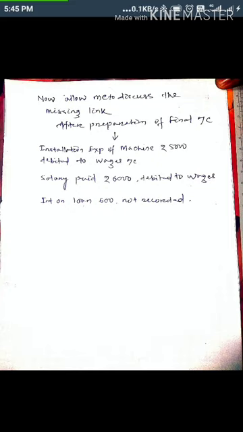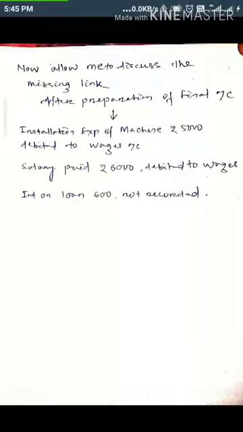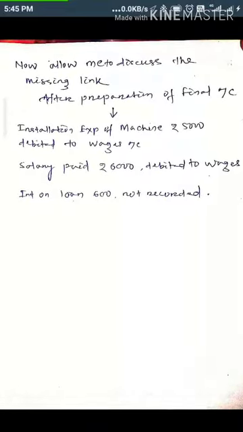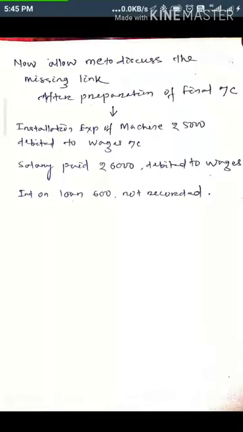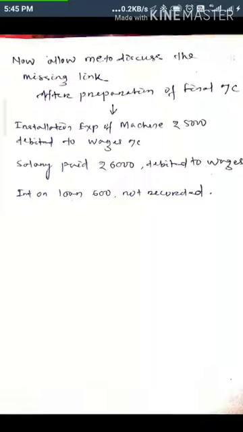So I will take three illustrations here, right? You just note down in your copy also, simultaneously while watching the video. Installation expenses of machine 5000 debited to wages account. So this particular error we have come across after the preparation of the final account. This installation expense is a capital expenditure.